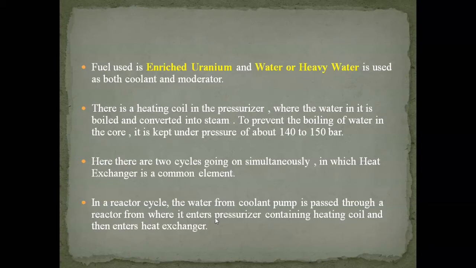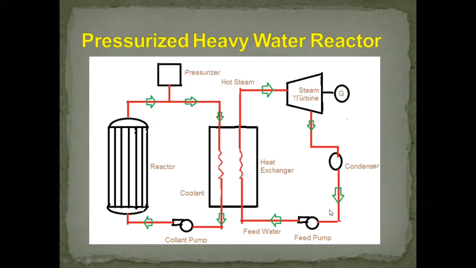From the reactor it enters the pressurizer, where there is a heating coil, and the output from the coolant pump is converted into steam, and the hot steam enters the heat exchanger. Now from here, in the second cycle, the output from the feed pump, that is the cold feed water, will enter the heat exchanger.